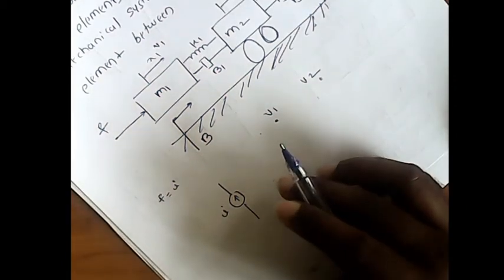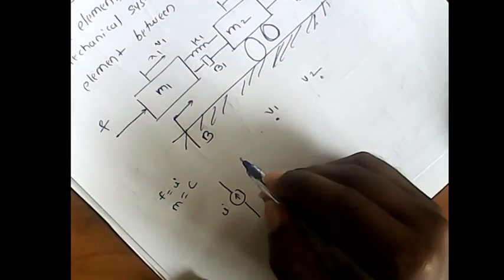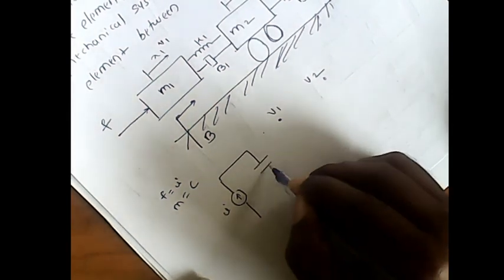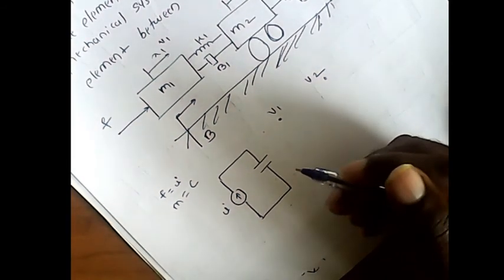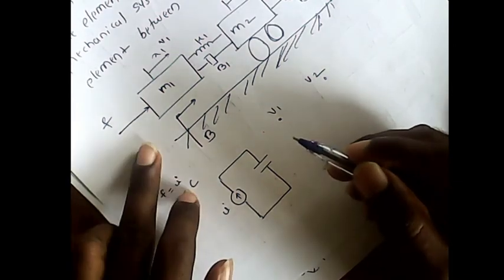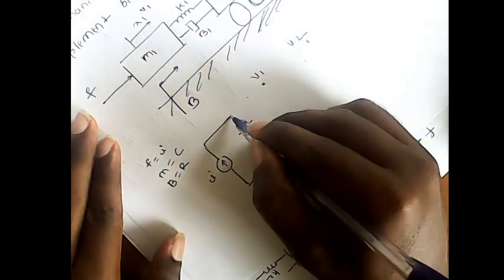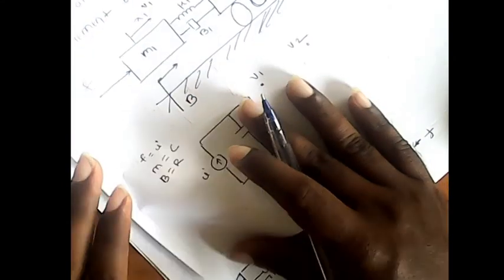Similarly, this mass is converted into a capacitor, according to the force-current analogy. Similarly, the friction constant, when mapped into the electrical network, is converted into a resistance, according to this table.